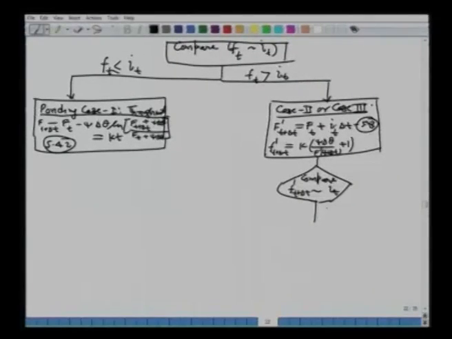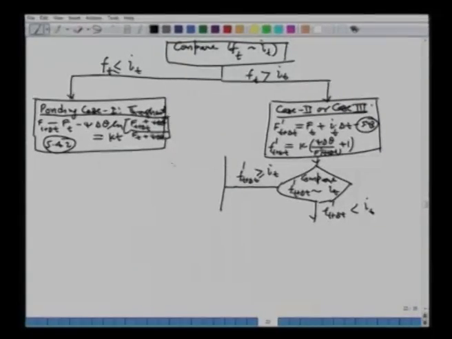Then if your f prime t plus delta t is less than I t, we go in this direction, and if not, then we go in this direction. Let us say f prime t plus delta t was less, and this is greater than or equal to I t. Now, let us look at this case first.